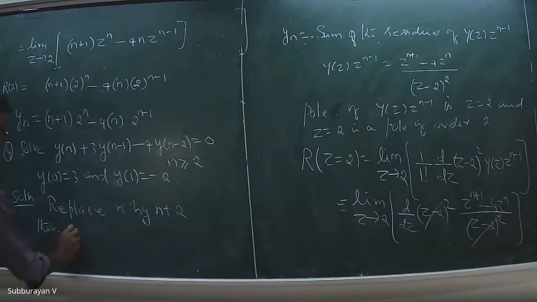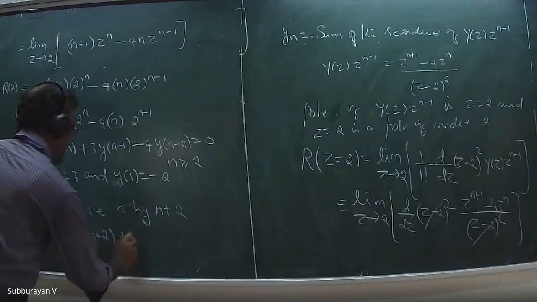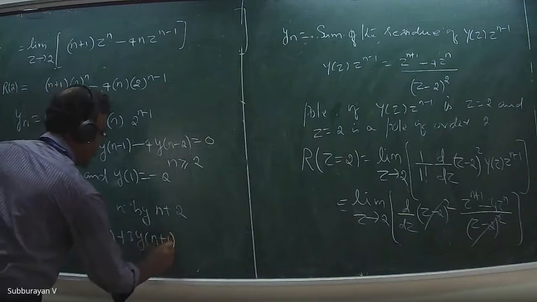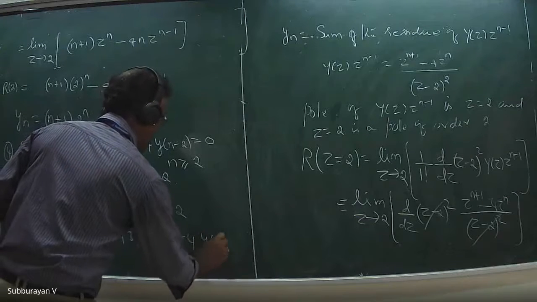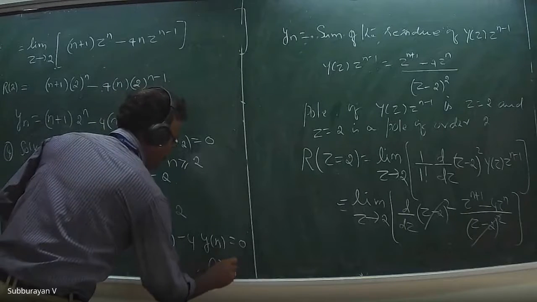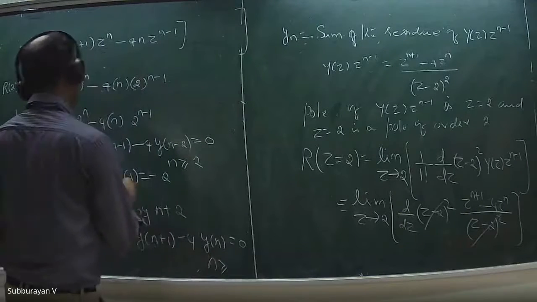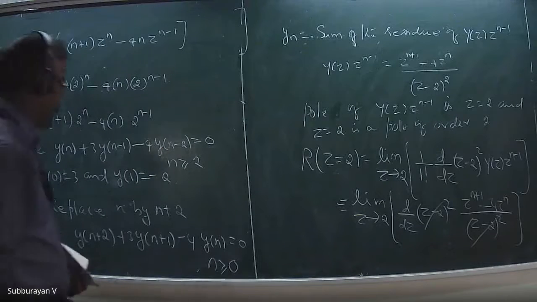Then what you will get here is y of n plus 2 plus 3 times y of n plus 1 minus 4 times y of n equal to 0. Here n is greater than or equal to 0.